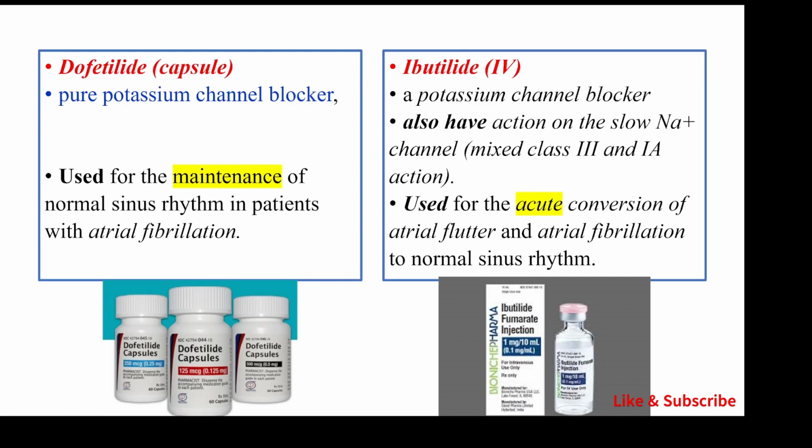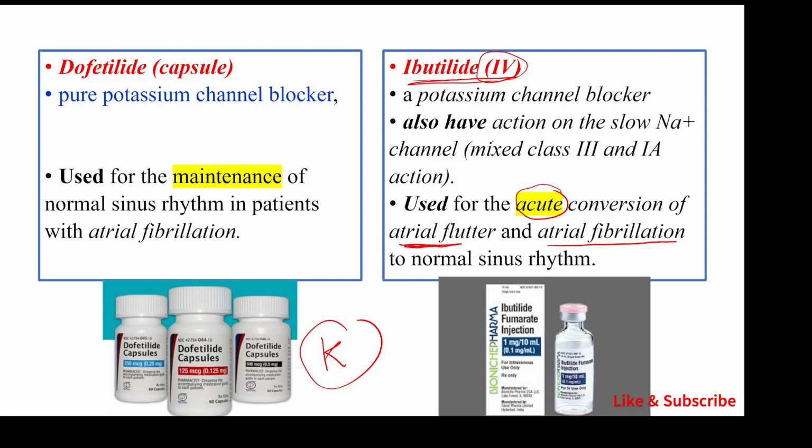Okay, the last two medications belong to class 3. We talk about potassium channels here. The first one is ibutilide, prescribed IV for emergencies, for acute cases when the patient comes to the emergency room suffering from atrial flutter or atrial fibrillation.